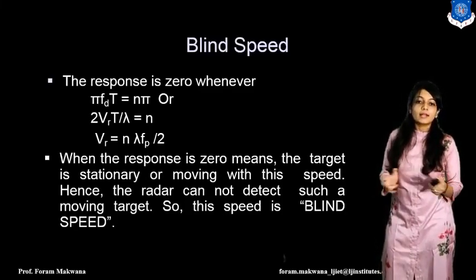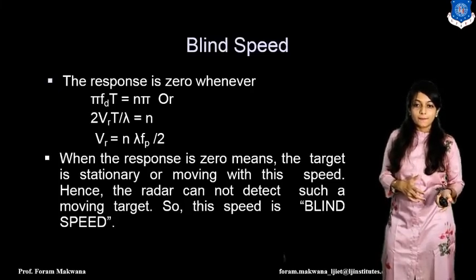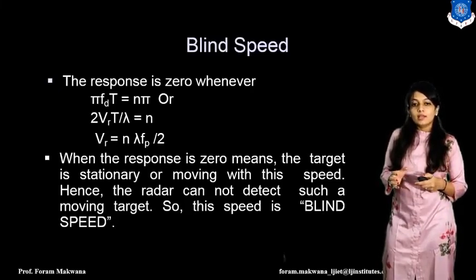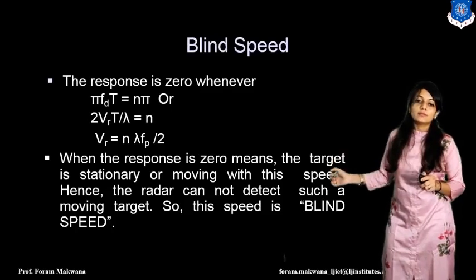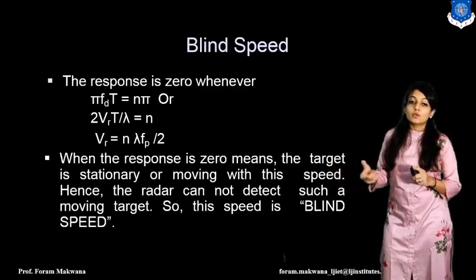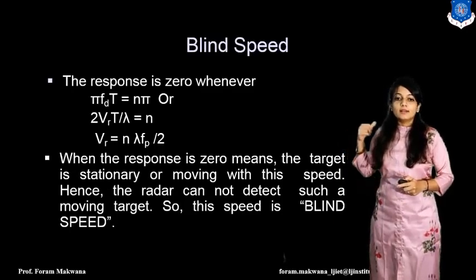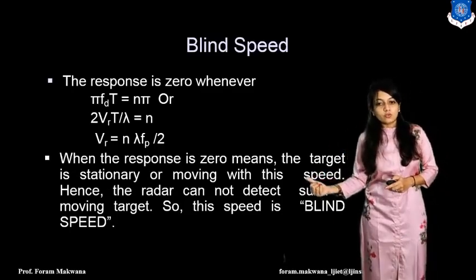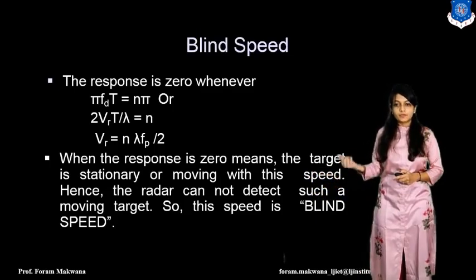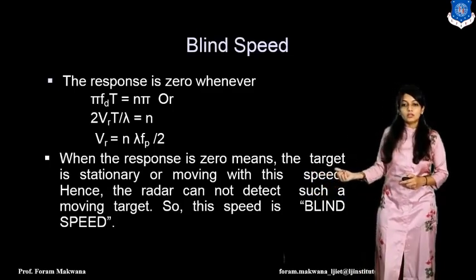That means a target is stationary. Right? Or we can say it is moving but with this blind speed. So the radar is not able to detect the presence of such a moving target. So that speed is called the blind speed.